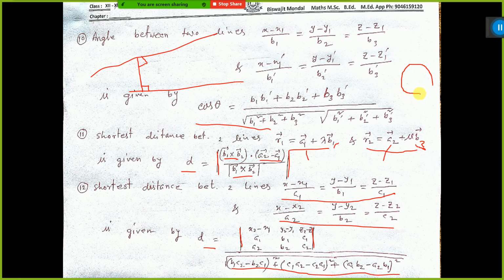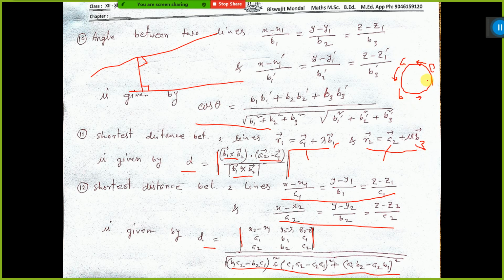If I draw a circle, let's say it is A, then B, then C. That means it is going in this way. After A, what is coming?